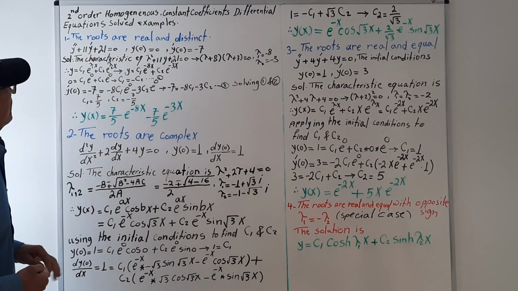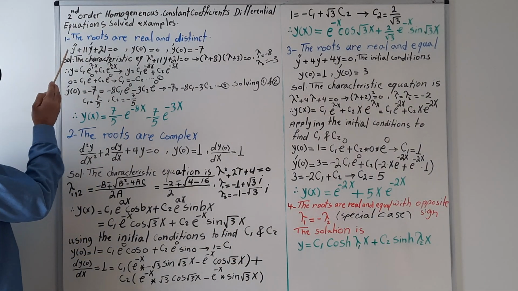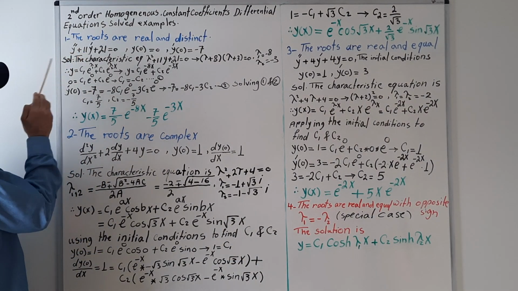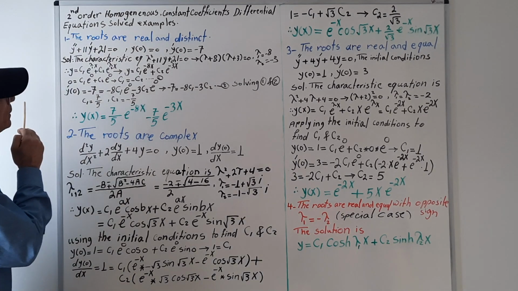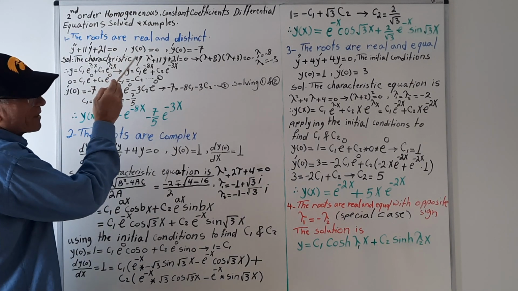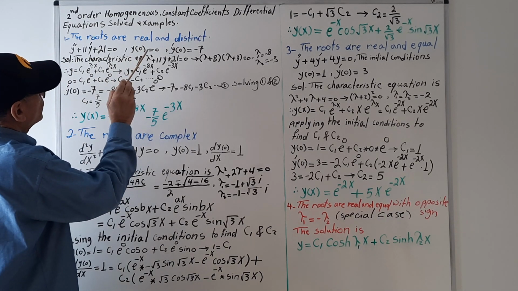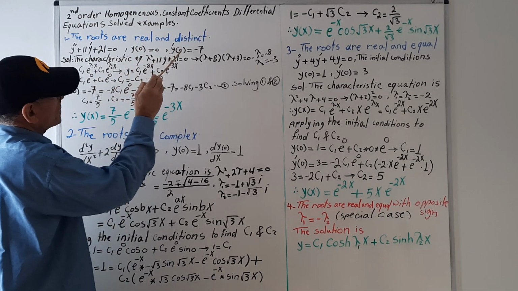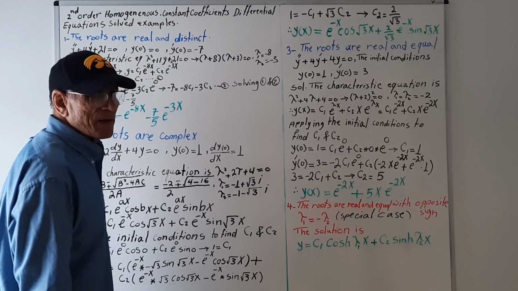So the first example here we have y double prime plus 11y prime plus 21y equals 0. And our initial conditions are y at x equals 0 and y prime at x equals 0 equal minus 7.